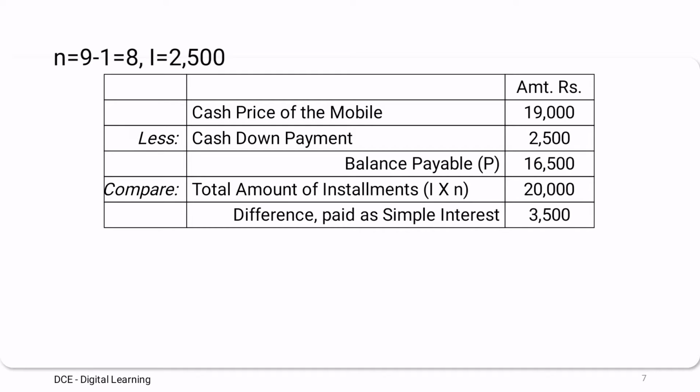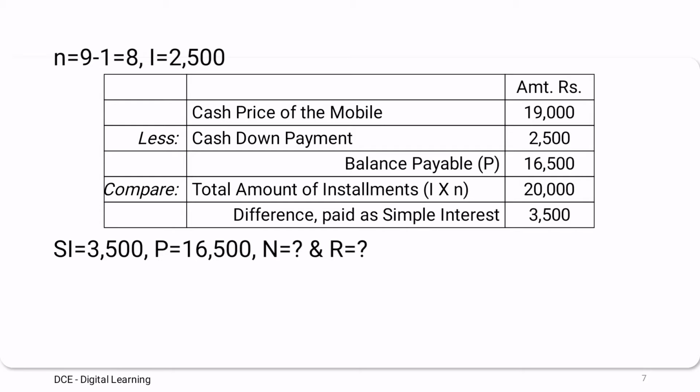So 2,500 into 8 is rupees 20,000. Now the difference between these two figures, total amount of installments rupees 20,000 and balance payable rupees 16,500, is the simple interest payable by the buyer to the seller.